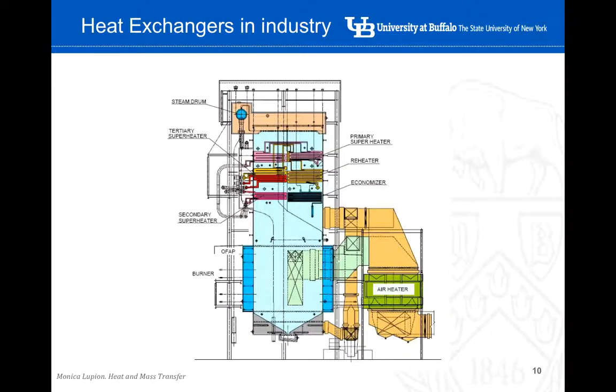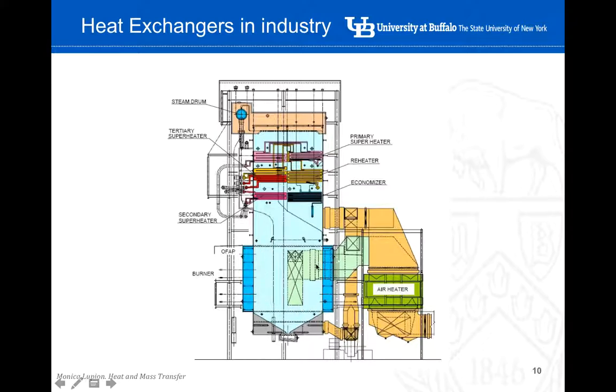There are many different applications of heat exchangers in industry, as I mentioned at the very beginning. This is just an example. This is a boiler to produce energy, electricity in this case. So this is the burner where we inject the coal, in this case, the fuel, and because of the combustion, energy is being released here.